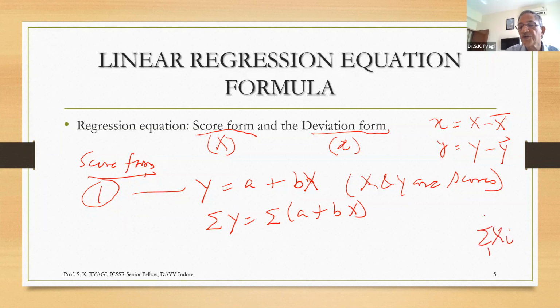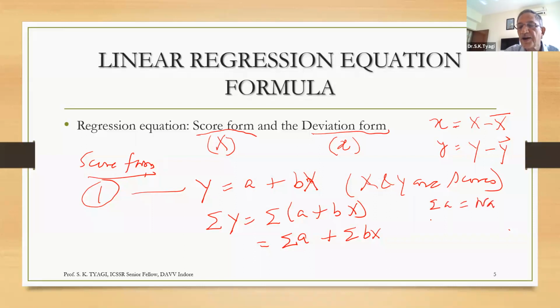We could have used 1 to n, which mathematics students generally use, but to make it simpler for non-mathematics students, we are just using x and y. Now this summation is distributed over the terms, sigma a plus sigma bX. Now sigma a is n into a.